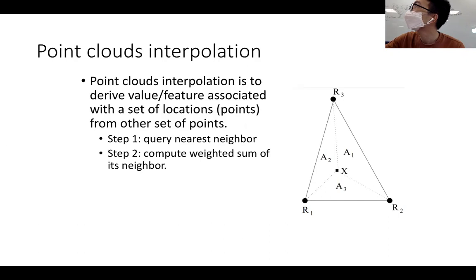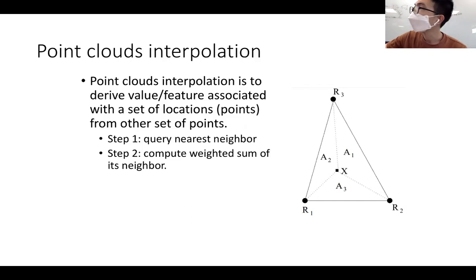For example, I have 3 known points here, with a different feature for each point, and I would like to estimate the feature belonging to this location. A very common way is to take the weighted average based on the distance.